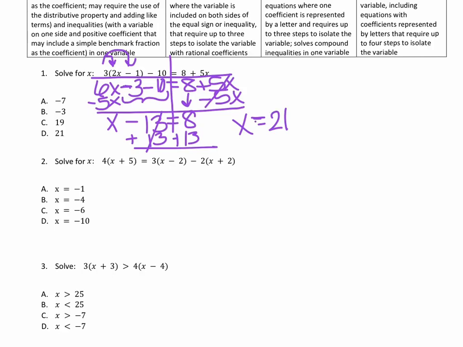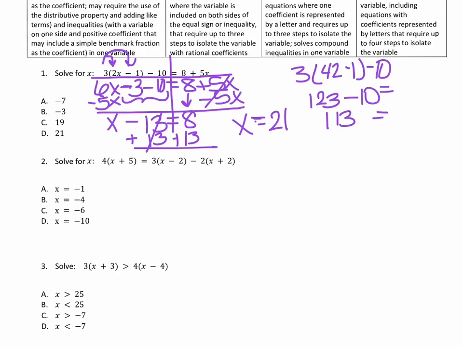So I do 3 times 2 times 21 is 42 minus 1 minus 10. Let's see what happens. So I get 42 minus 1, which is 41. So 3 times 41 is 123 minus 10, which is 113.